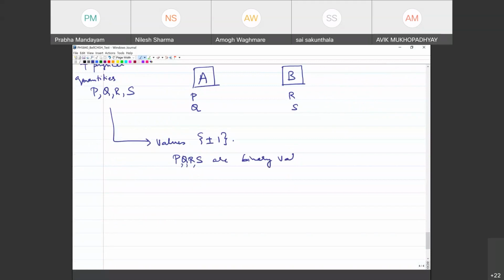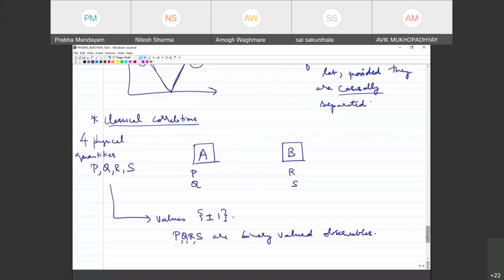Actually, I'm not talking quantum mechanics or classical mechanics at this point. I'm just talking about, let's say, a reasonable physical theory. And a reasonable physical theory, we say, is one which satisfies these assumptions of locality and realism, right?